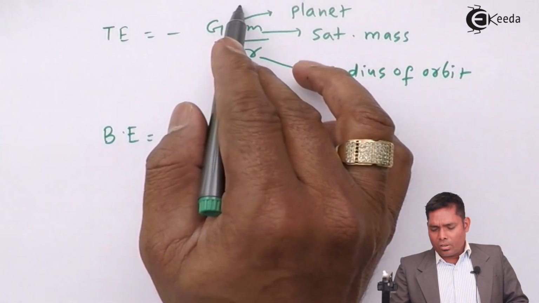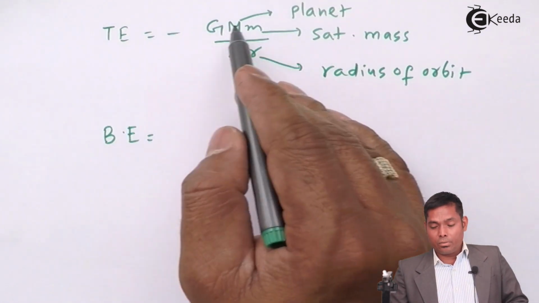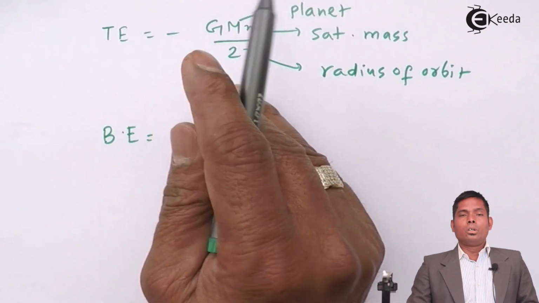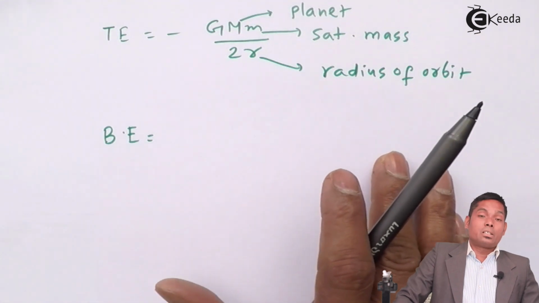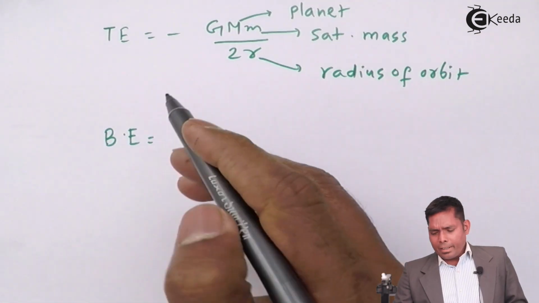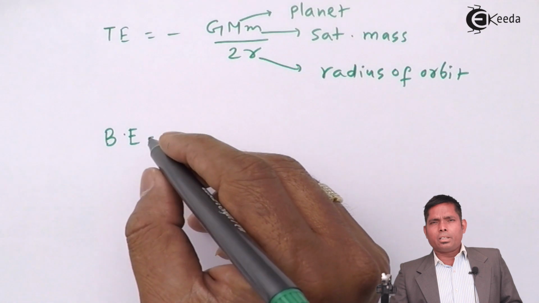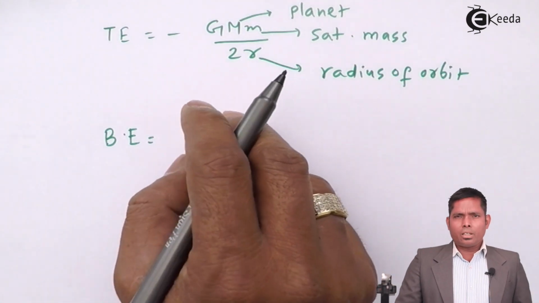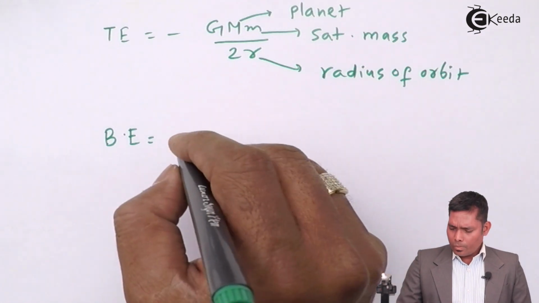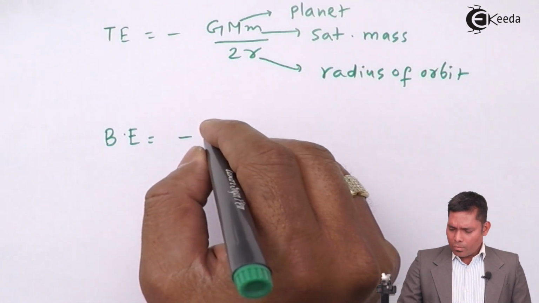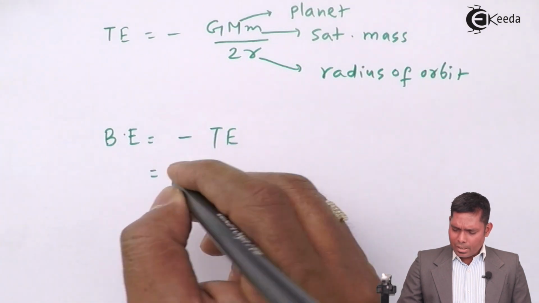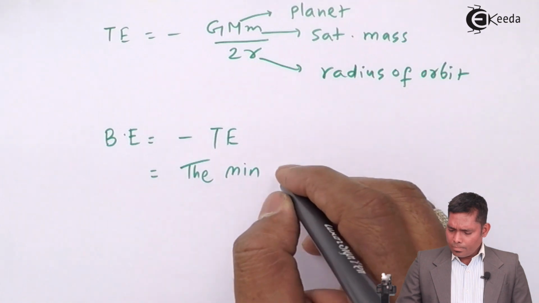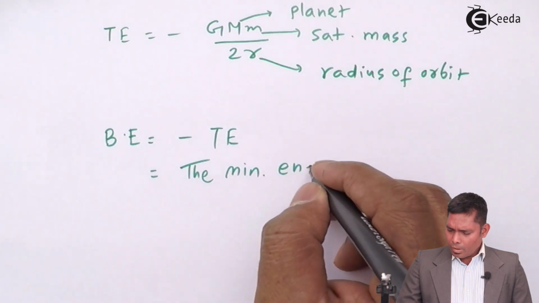If the satellite or any object has this much negative total energy, then I have to provide this much positive energy so that the total energy becomes zero.